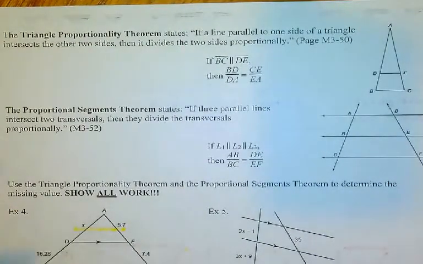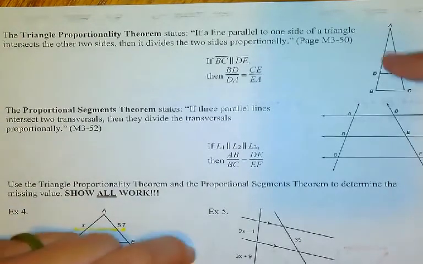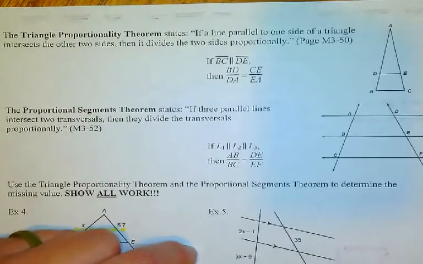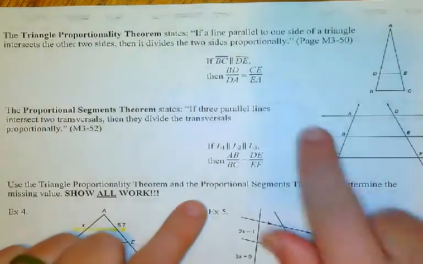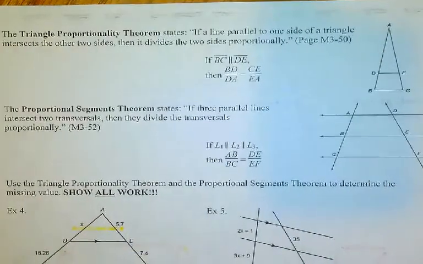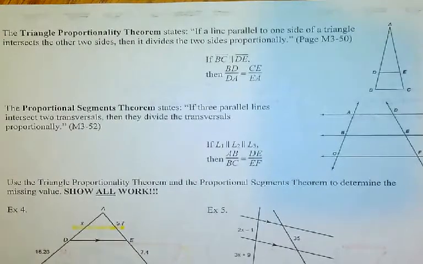Alright, so if we've got triangles that have parallel lines, a triangle inside a triangle, right, because we've got this small triangle here, and then we've got this big triangle, ABC, but we've got bases that are parallel. Or if we've got parallel lines that are cut by transversals, we are still going to see proportional sides. Alright? And again, I'm going to color code, and I really like these because the parallel lines do a lot to help us set up our proportions.